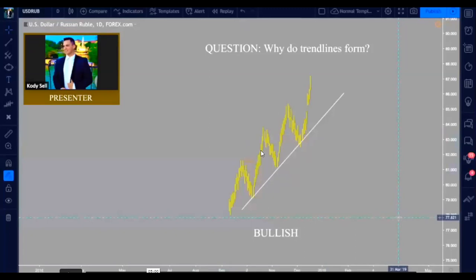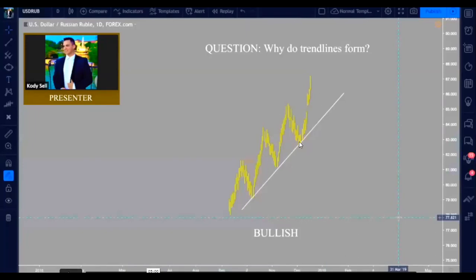Okay, so what you need to write in your notes is when you're identifying what trend the market is in, if the market is bullish, your trend line is going to go on the bottom. If you're drawing a trend line for a bullish trend, it's going to be on the bottom.